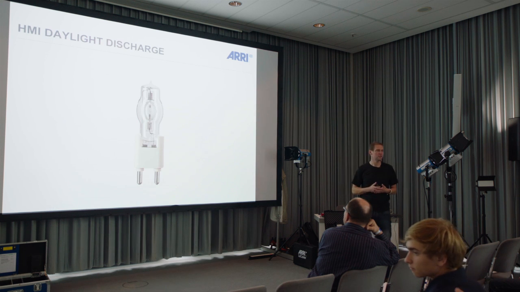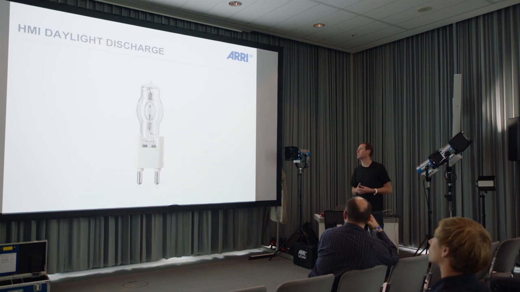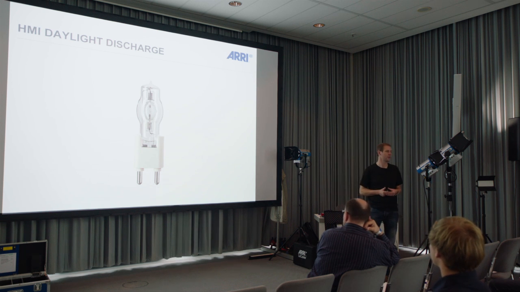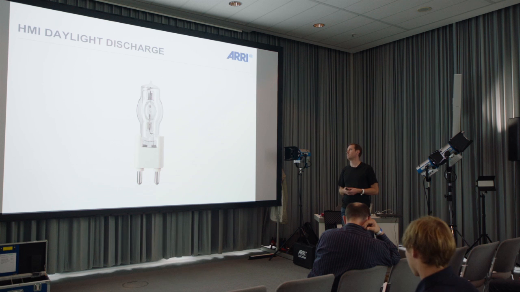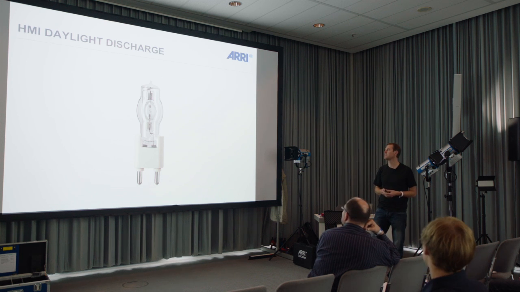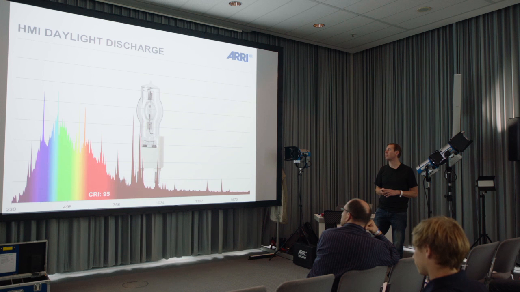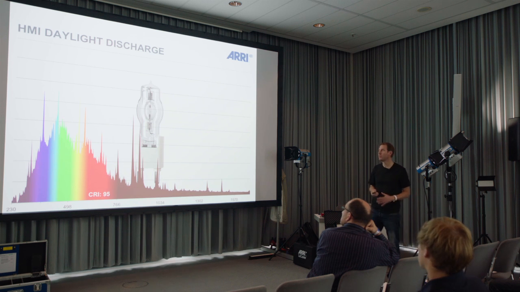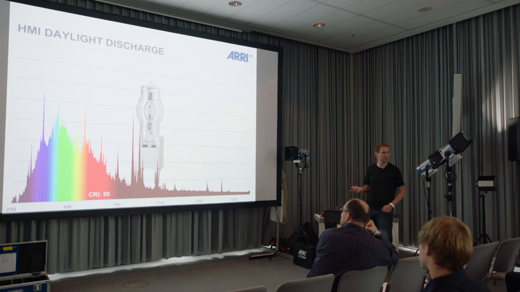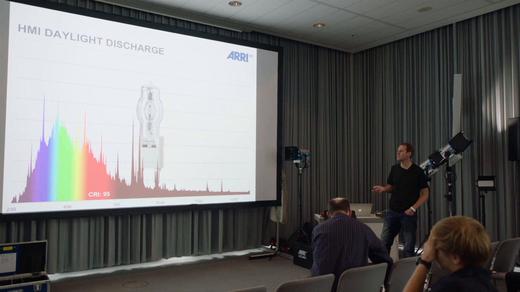Next technology, HMI daylight. This is a very, very important technology, especially for the movie industry. These are the most powerful light bulbs that we have, most powerful lamps. And if we have a look at the spectrum here, HMI looks, of course, different to what we have seen from tungsten.